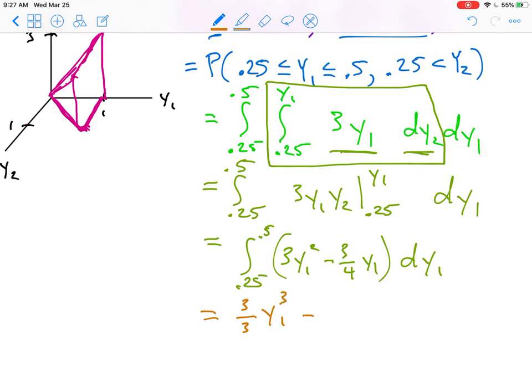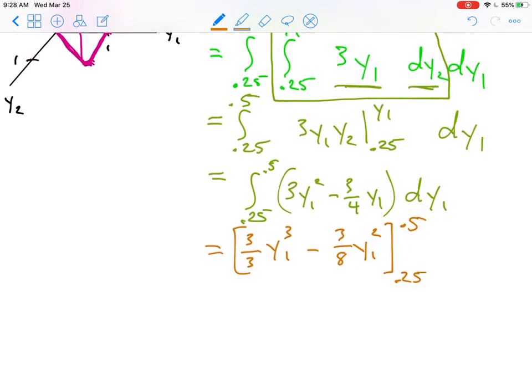The second piece will add 1 to the power, divide by the new power. So we'll now have 3/8. And we're going to evaluate all this from 0.25 up to 0.5. And when we plug all that in, we're going to ultimately end up with 5/128.